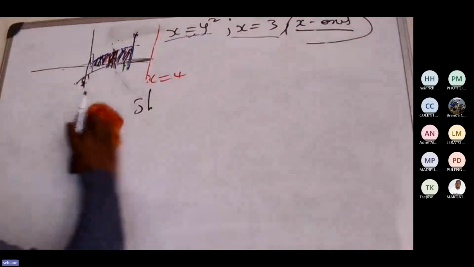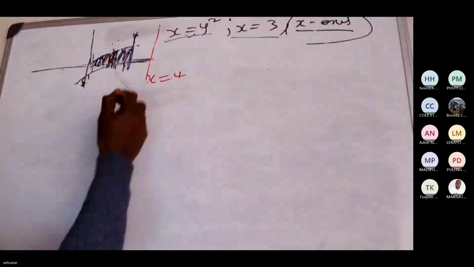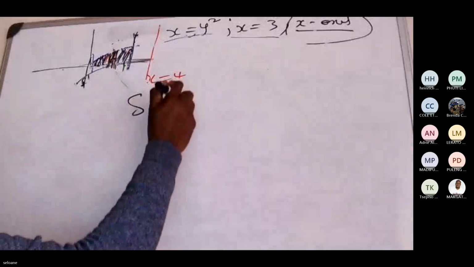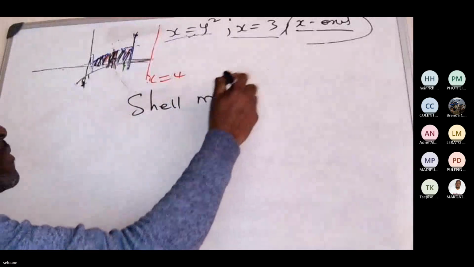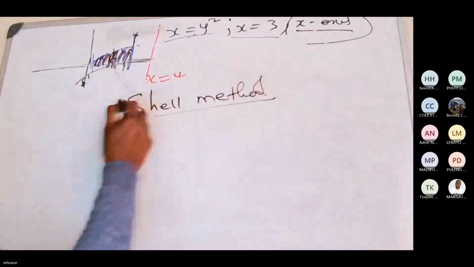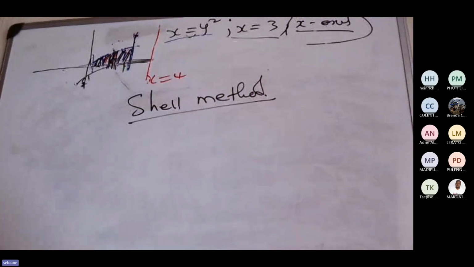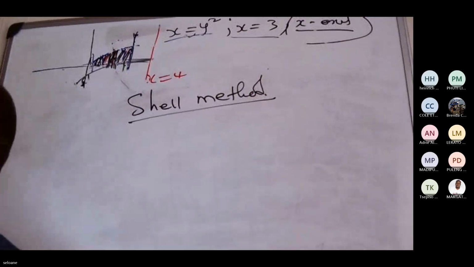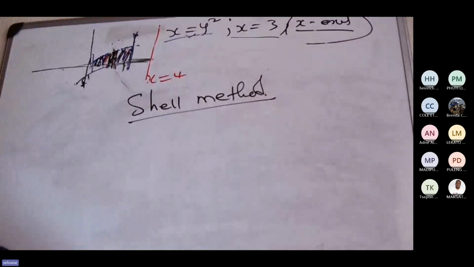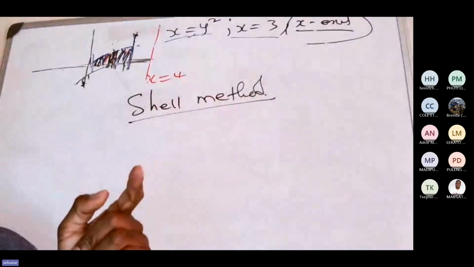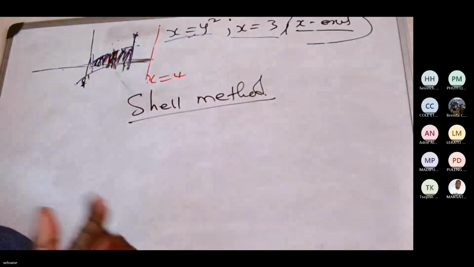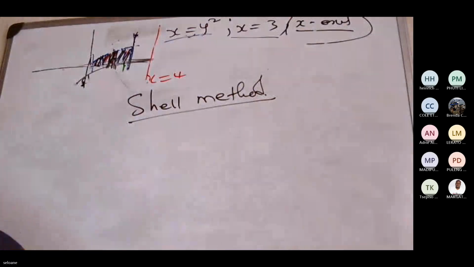The shell method. What about it? Instead of cutting the disc perpendicular to the center, you use the outer layer or the outer layers.